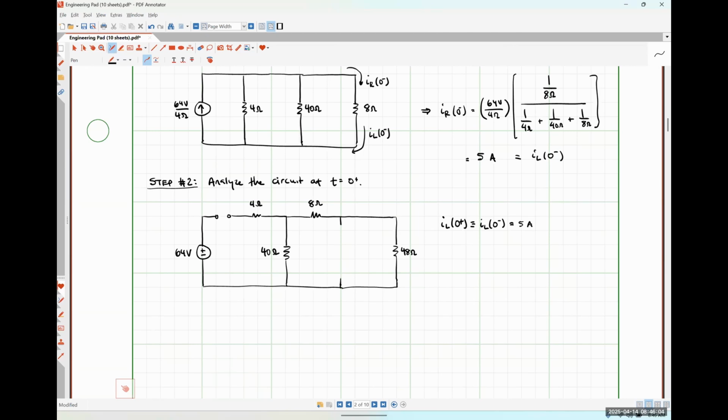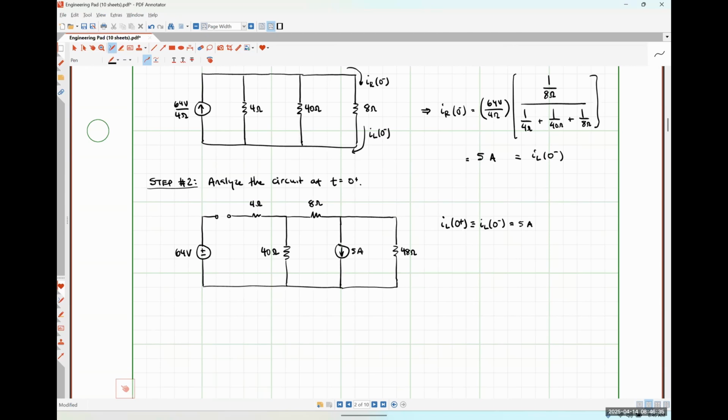The amount of current that's flowing through it is a constant fixed value, regardless of what it's connected to, what voltage drop appears over it, all of that kind of good stuff. So I'm going to replace my inductor with a 5 amp source, direction down, because we showed earlier that the inductor current at 0 minus was 5 amps, and the inductor current was defined with direction down, okay?